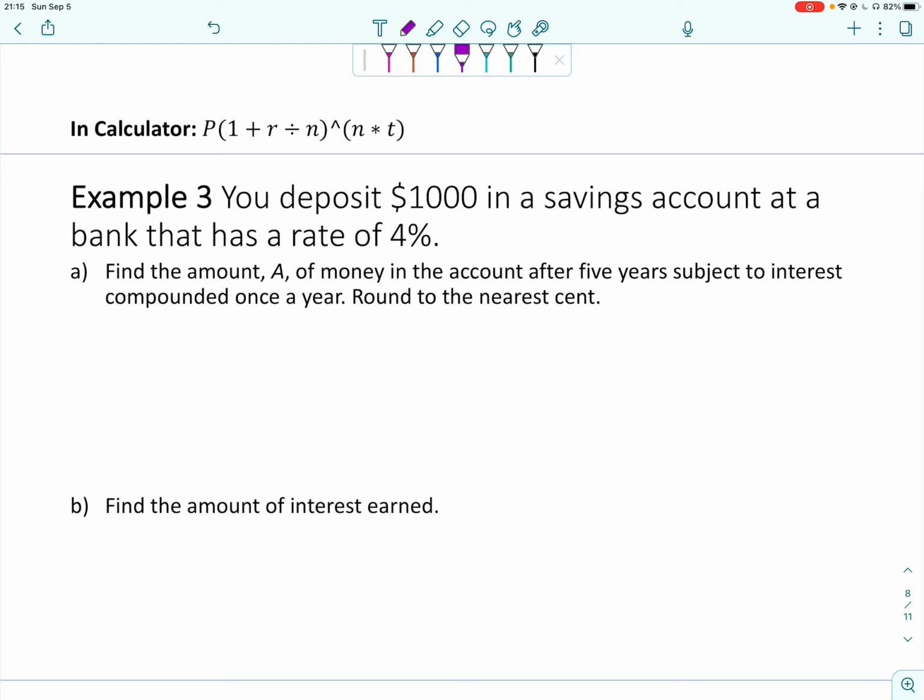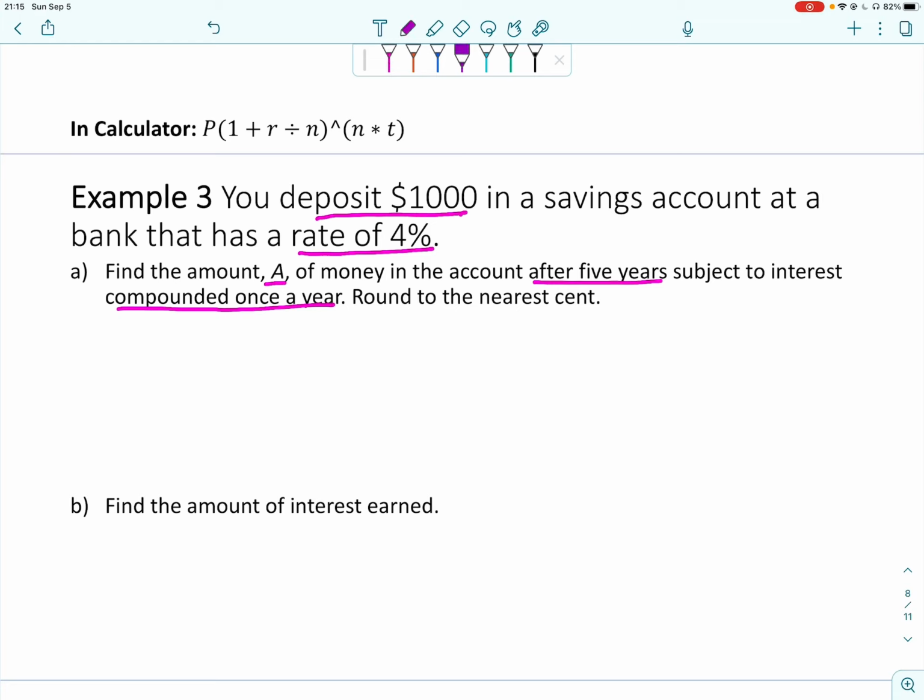Money is rounded to the nearest cent, which means 2 decimal places. So we're looking at $1,000 in the account, and it has a rate of 4%. We want to find A after 5 years. It's compounded once a year.